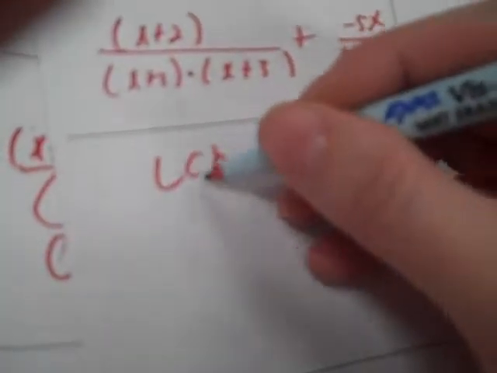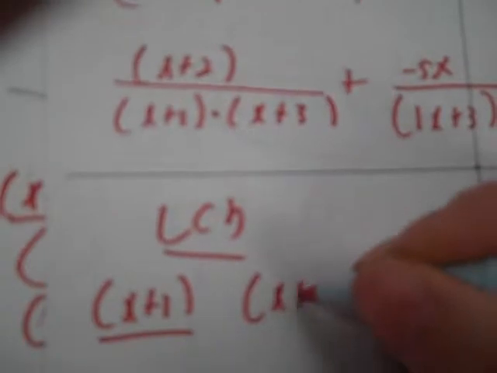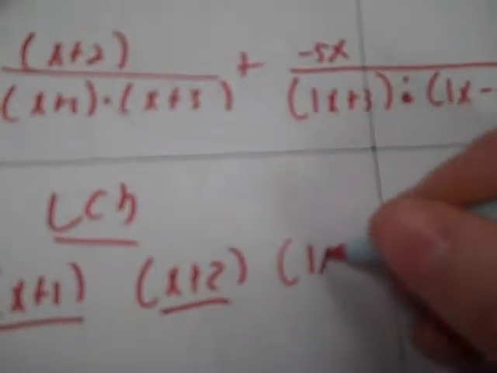Okay, LCD time. We've got the parentheses x plus 1, the parentheses of x plus 3. Remember, 1x plus 3 is the same as x plus 3. 1x minus 3 is completely different.